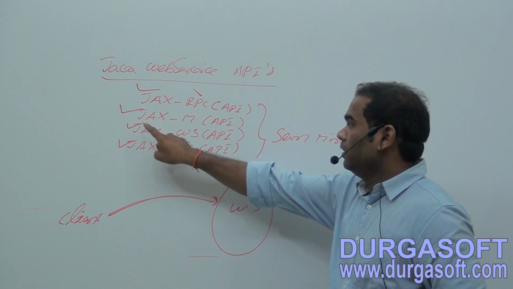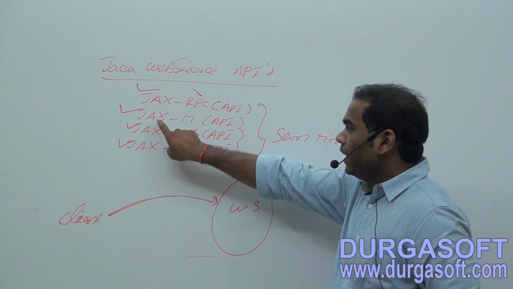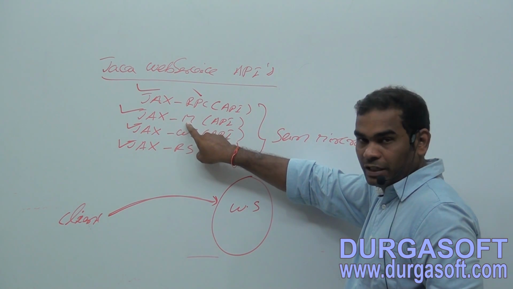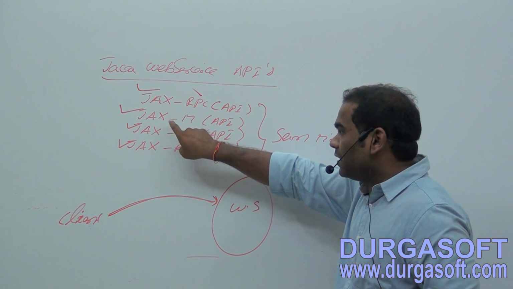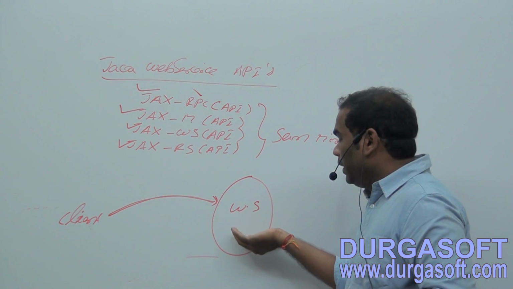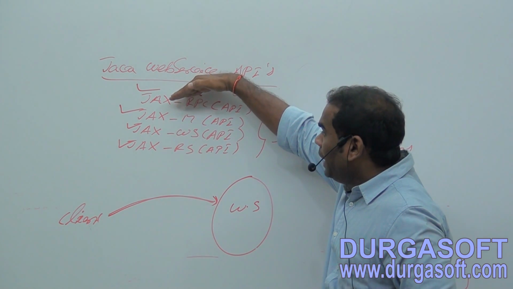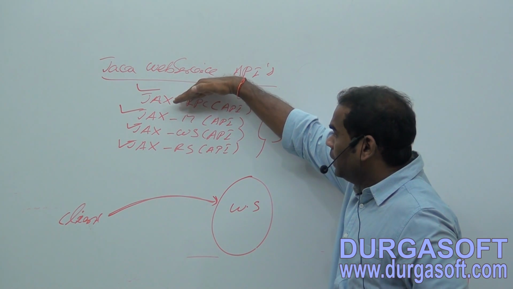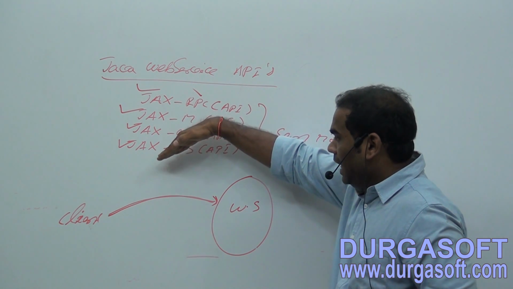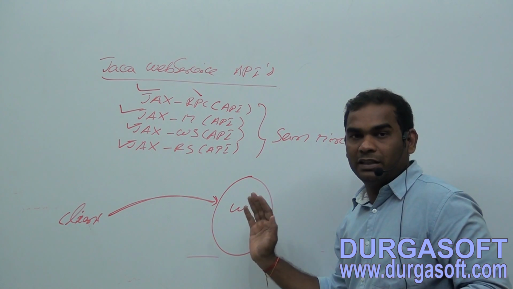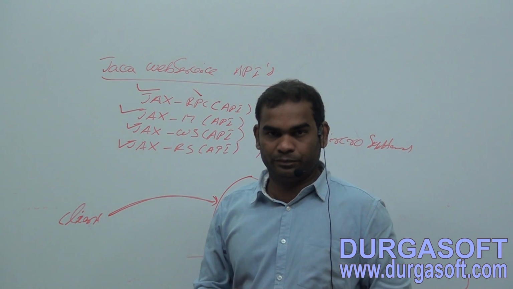JAXM full form is Java API for XML Messaging. And using the remaining APIs like JAX-RPC, JAX-WS and JAX-RS, we will develop the synchronous web services here.